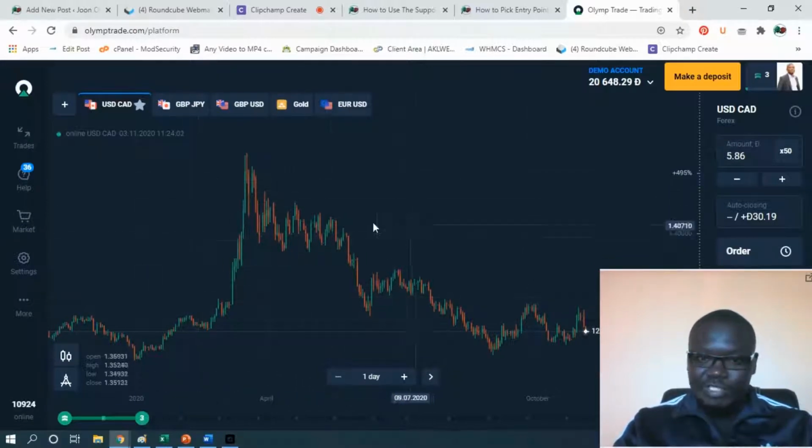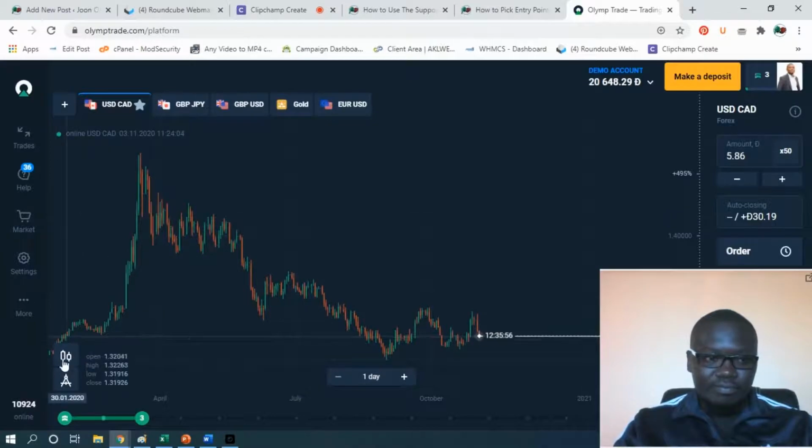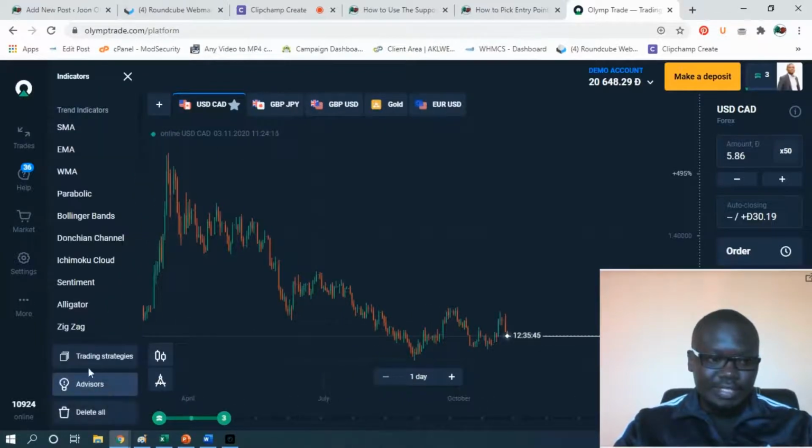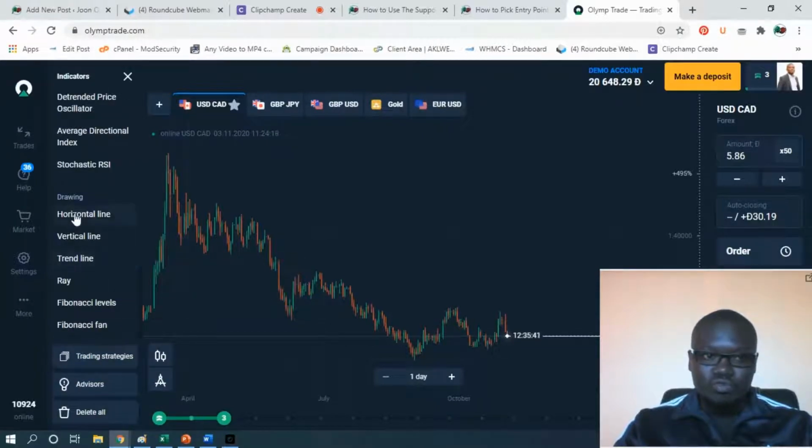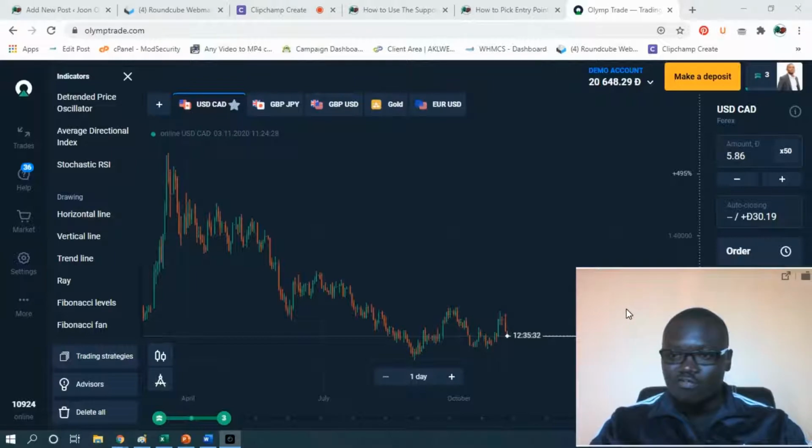So when we are drawing support and resistance levels on the platform, one of the things that you'll have to do is to locate the indicators tab on the platform. It's right here. So locate the indicators tab and scroll to horizontal line. That is if we are taking the horizontal line because we want to get the overall trend from March to date.